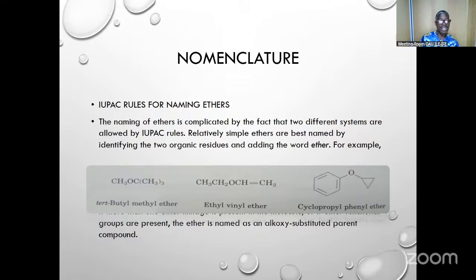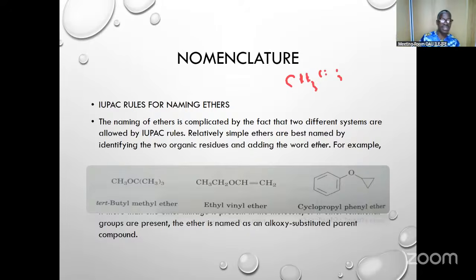But the relatively simple way to name ether is first by identifying the two organic residues or the alkyl groups, then adding the word ether to it. For example, diethyl ether. That means there are two ethyl groups. That's why it is diethyl ether.